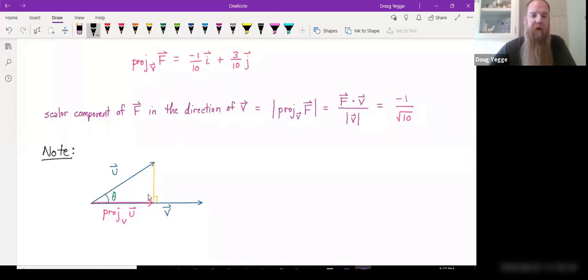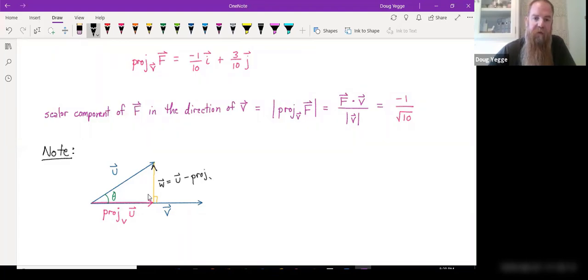Now, one last thing I'd like to note about the projection is that if I were to add together the projection plus this orthogonal vector right here, which right now I'll just call W for the time being, I would end up getting U. So that must mean that that orthogonal vector is simply going to be U minus the projection.